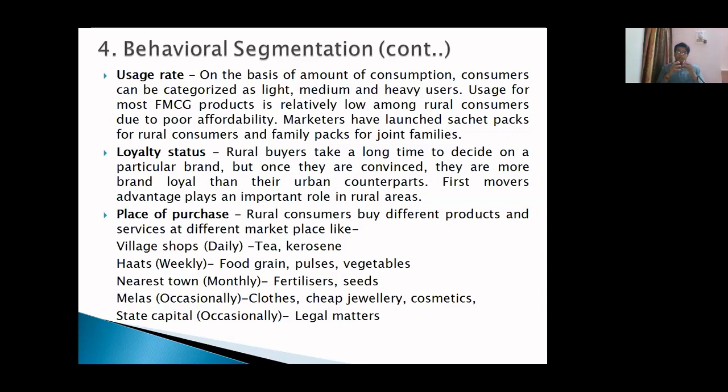So the task for the marketer is to convince the rural consumers, and once convinced, they will be more loyal towards a particular product as compared to their urban counterparts. And researchers have found that first mover advantage plays an important role in rural areas.